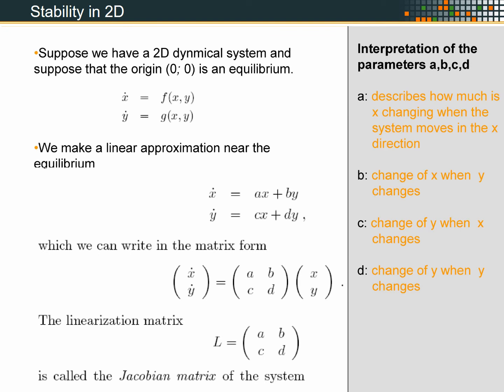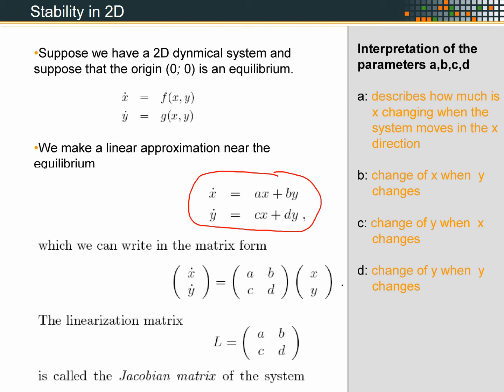So we can even interpret this now in a very nice fashion. Because once we describe this in such a way that we have these additive components of x and y for the two changes x dot and y dot, we can transform that into a very simple matrix notation.